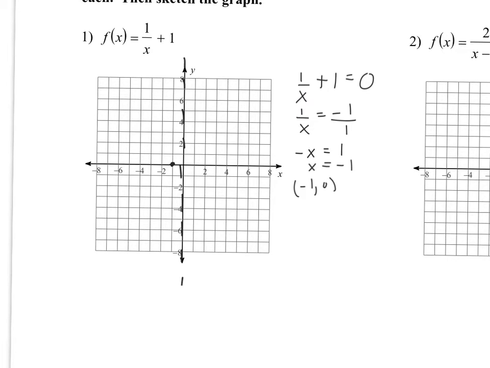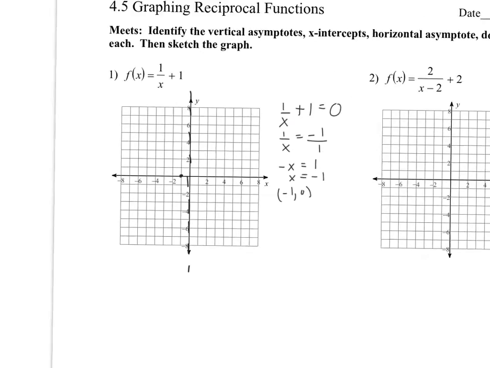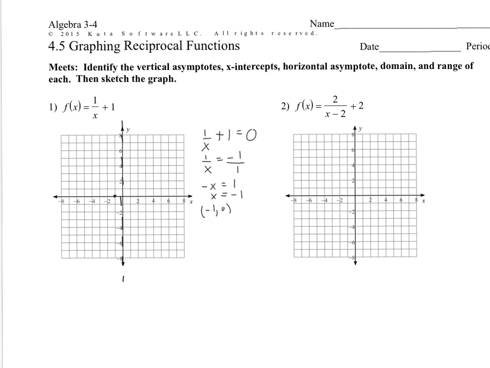The next thing, you can zoom out if you want for a second here, is horizontal asymptote. For today, the horizontal asymptote is always going to be affected by, let me show you here, this number. Because what's going to happen here, and we've learned this from other graphs, is we're taking a normal rational graph and we're going to shift it up.